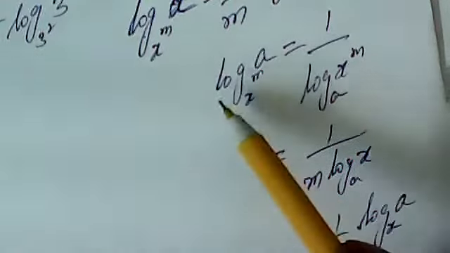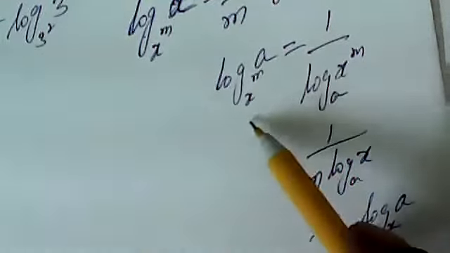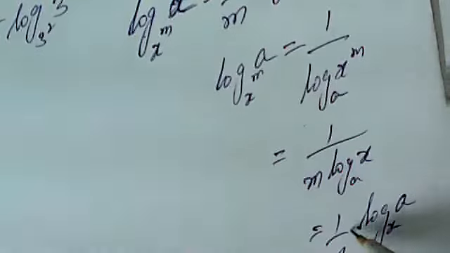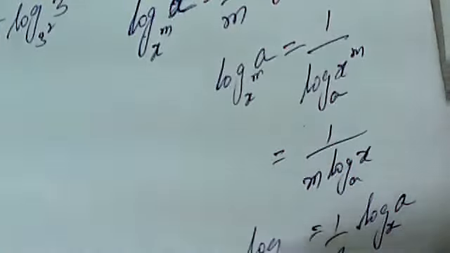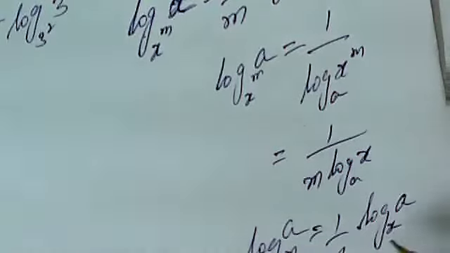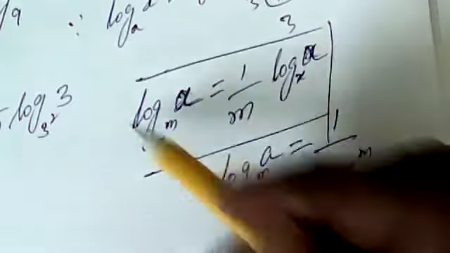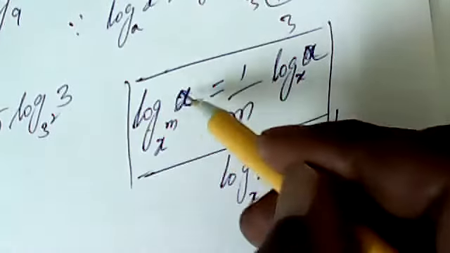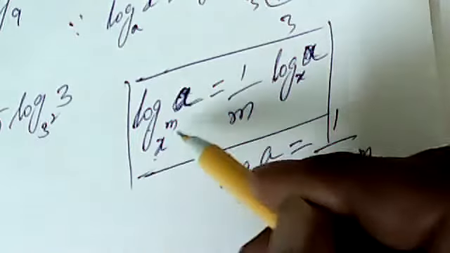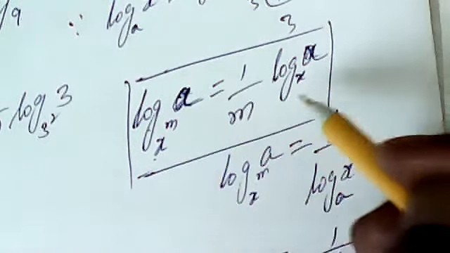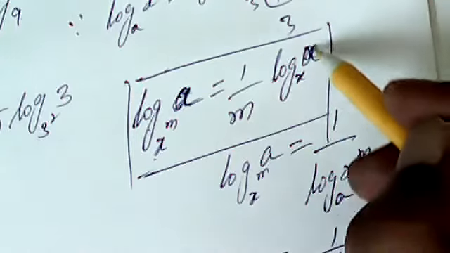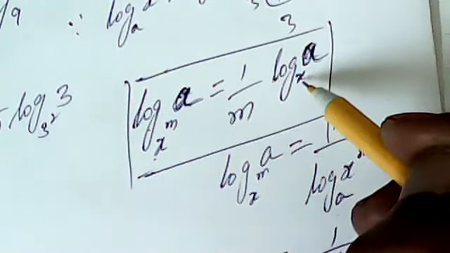So log a to base x power m is nothing but 1 upon m log a to base x. So directly applying this formula, log a to base x power m is equal to 1 by m log a to base x.